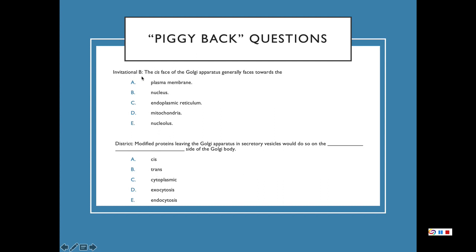A student faced with this question on the invitational test would need to understand, perhaps they didn't get the question right, they didn't know what cis meant, or which side was which. Perhaps they got it correct, but regardless, they would need to look up the Golgi apparatus and look at whether there were any other faces of the Golgi and what those were responsible for, to understand what was happening at the district level.